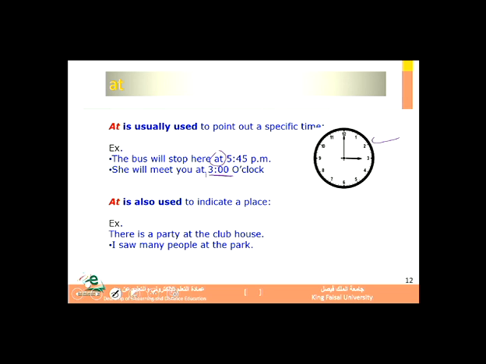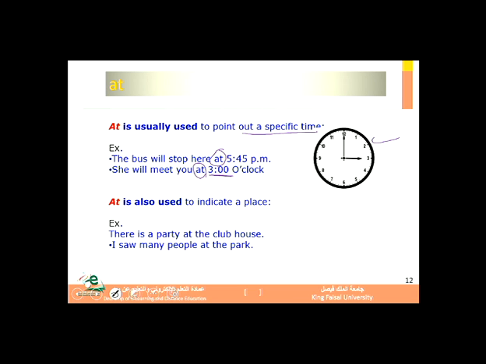We use this preposition to specify a point of time. I will leave at 3 o'clock. I will leave at 5 o'clock. So one of the main uses of the preposition at is when it has to do with time, when it refers to a specific point of time.